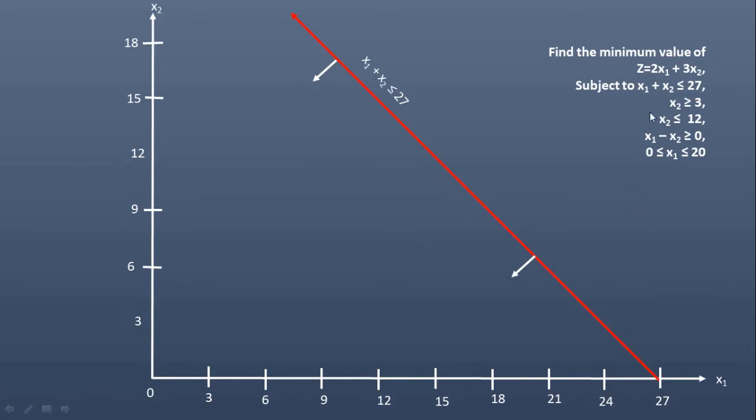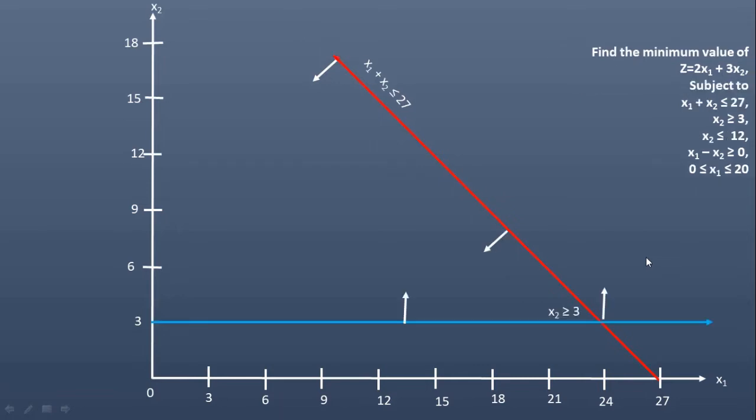Similarly, we take the second constraint, x2 ≥ 3, and convert it to an equality, x2 = 3. Since x2 is greater than or equal to 3, the solution lies above this line. Any solution below this line does not satisfy that inequality.